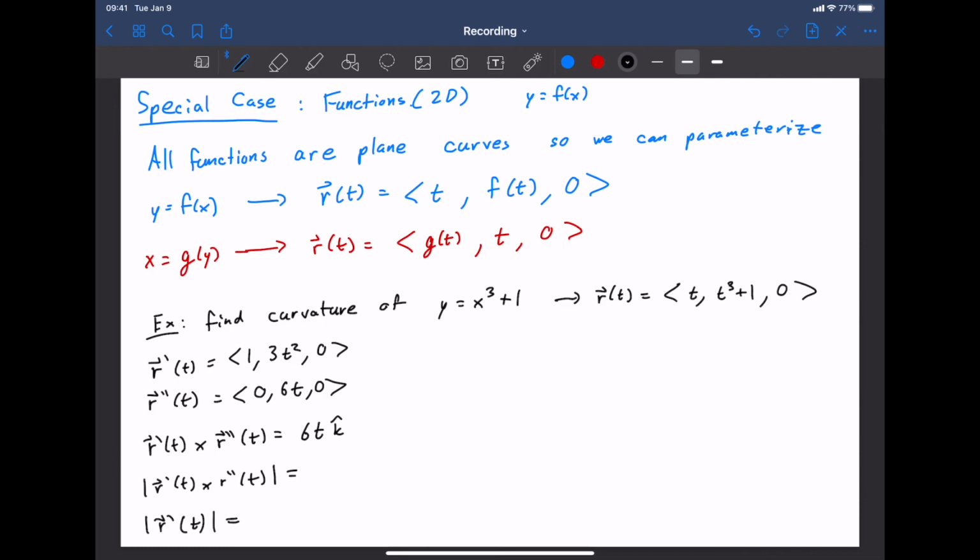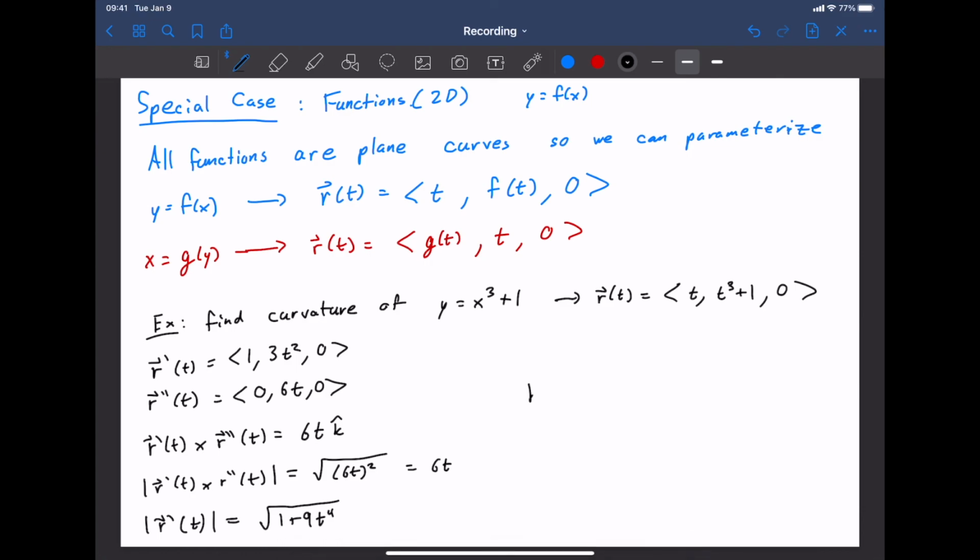And so the magnitude is just going to be 6t squared, square rooted, which is going to be 6t. Technically, it's the absolute value of 6t. We're just going to let it ride. We're not going to worry about it too much. What's the magnitude of just r prime? It should be the square root of 1 plus 9t to the fourth.